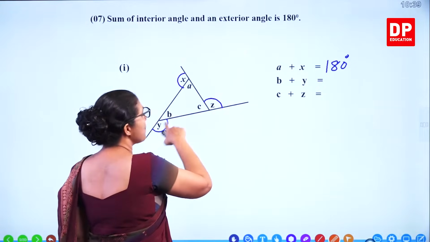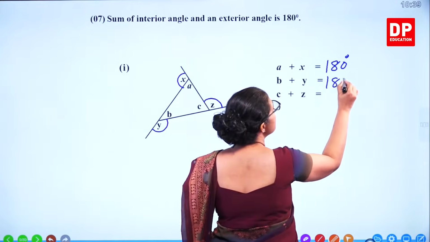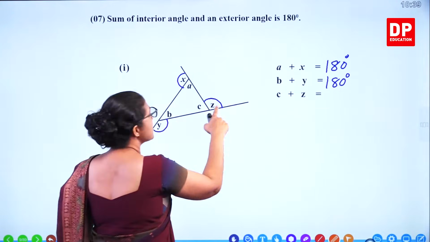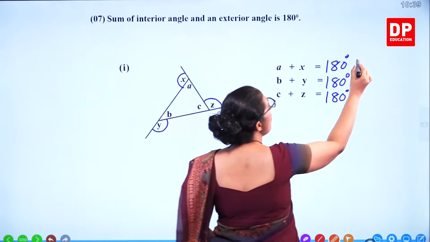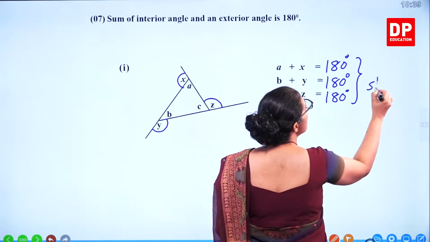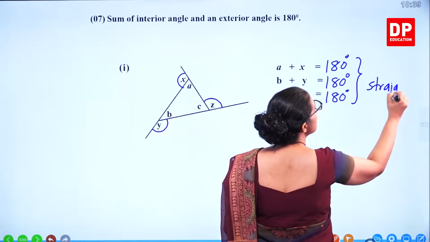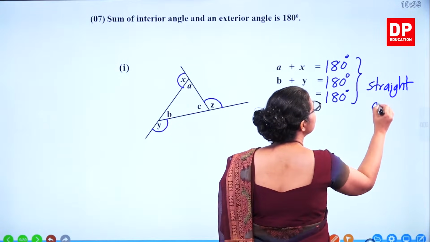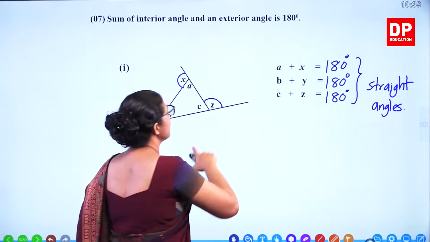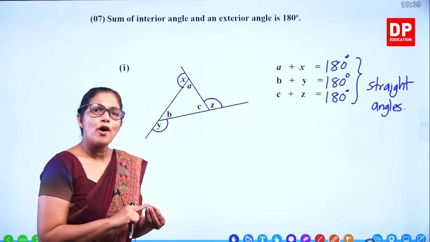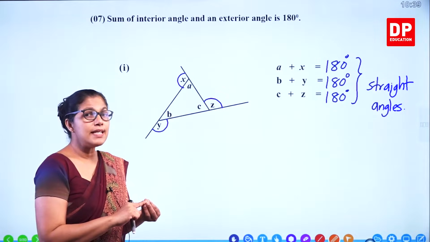B plus Y is 180. C plus Z is 180, because all are straight angles, that's a straight line. So what can you say about the sum of exterior and interior?